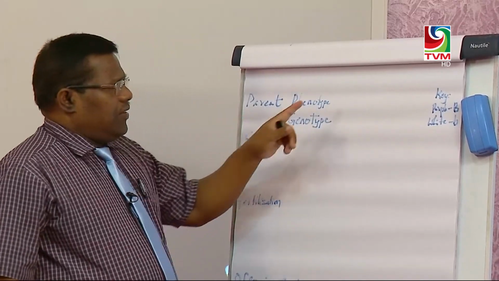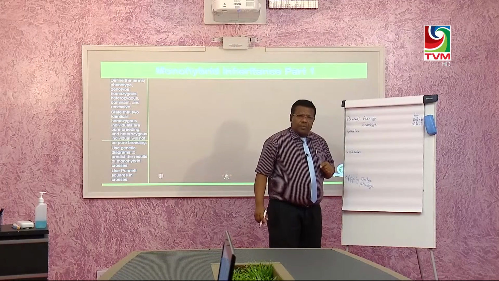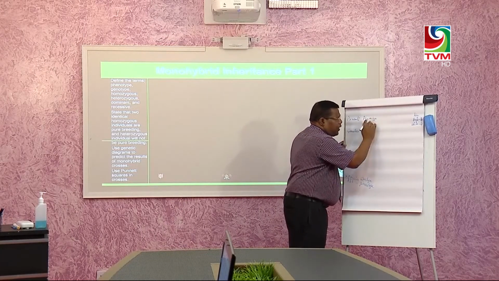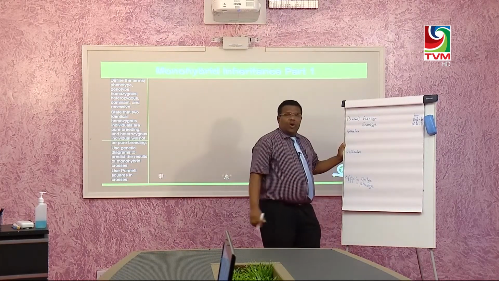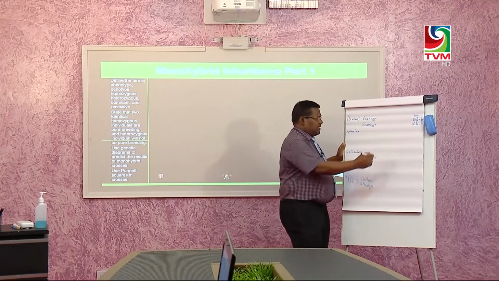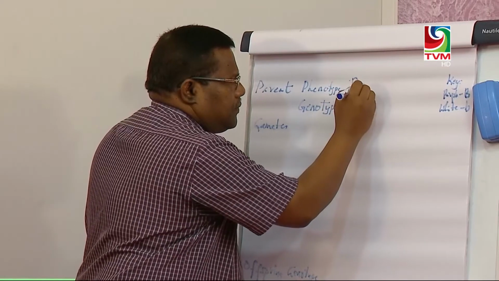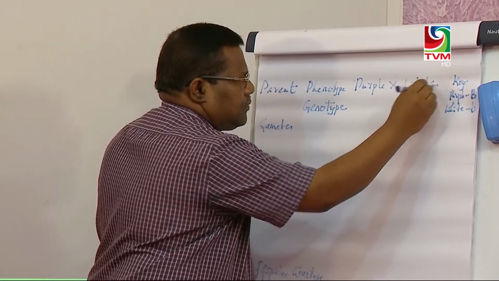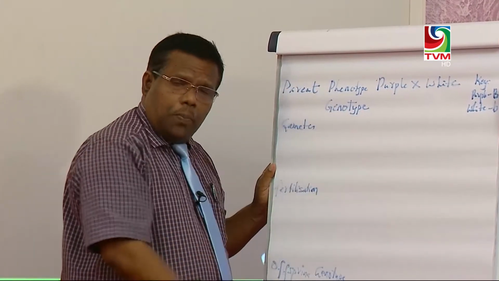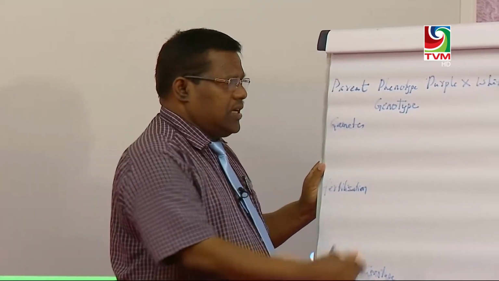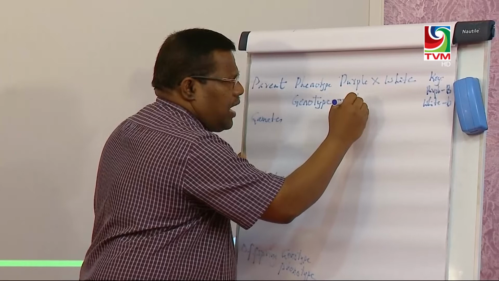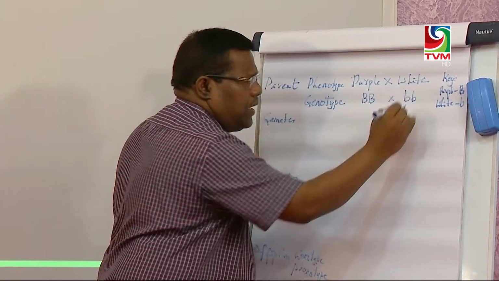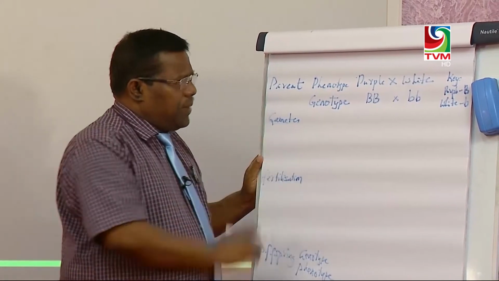So they are using pure breeding types, that means homozygous ones. So here we are writing the phenotype, that means the observable feature, purple into white. Genotype, they are pure breeding type or homozygous ones. So capital B crossed with small b.